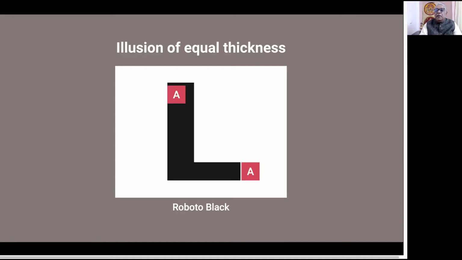If you look at the mathematical values, the vertical stroke is much thicker than the horizontal stroke. But because of certain aspects of the eye and the way we perceive things, we have to make these corrections to achieve the appearance of a font where all the strokes appear to be of the same thickness.